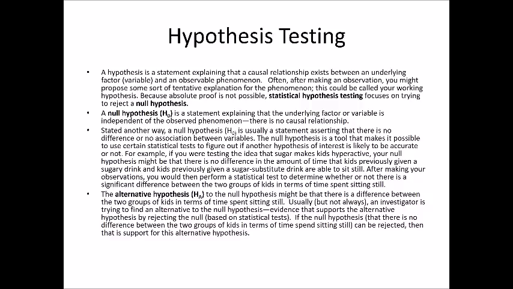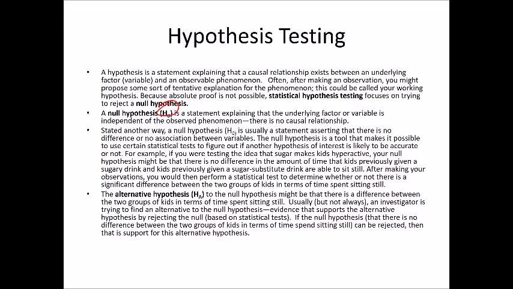So we do this process called statistical hypothesis testing to try to reject what we call the null hypothesis, or H naught. The null hypothesis is essentially a statement that says there's no underlying factor or variable, that the underlying factor or variable is independent of the observed phenomenon. There's no causal relationship between the variables.